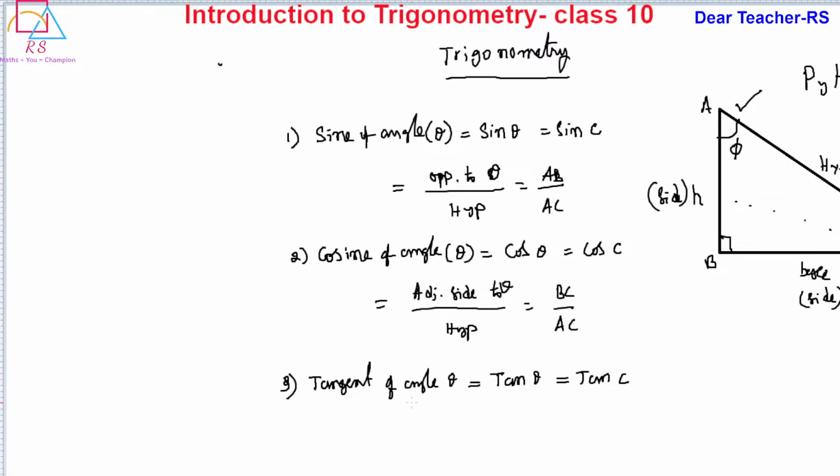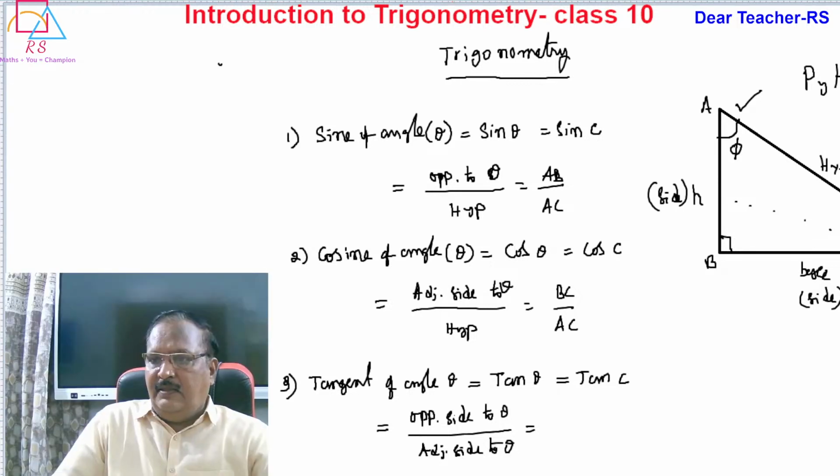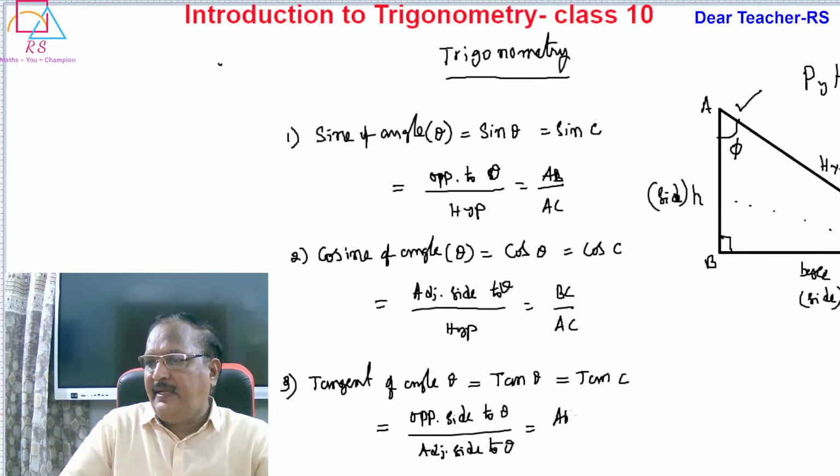So now how is this tan theta defined? It is the opposite side to theta by the adjacent side to theta. So then what you will be getting? The opposite side is nothing but AB and BC.